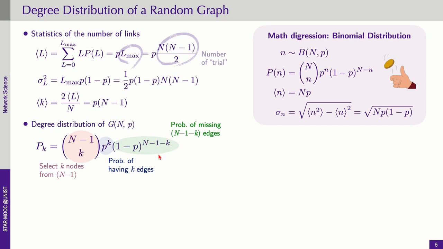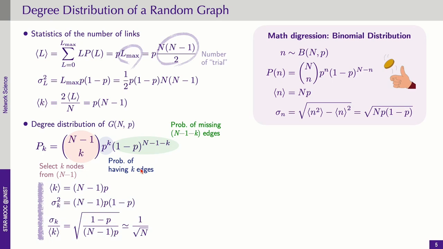Again, the mean and standard deviation of the degree distribution can be computed analytically like this. One takeaway from this is the coefficient of variation, which is the ratio of the standard deviation to the mean value, a measure of uncertainty or variability.